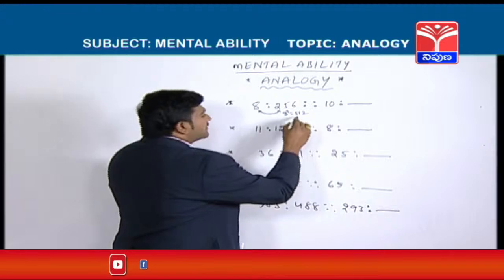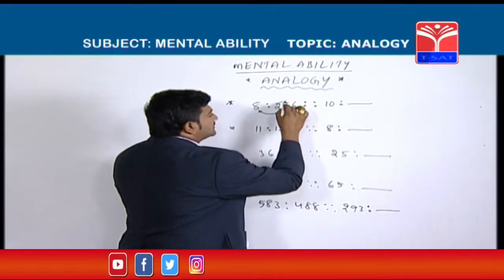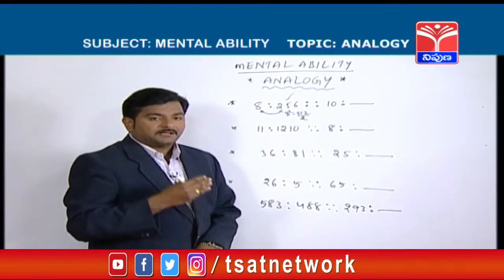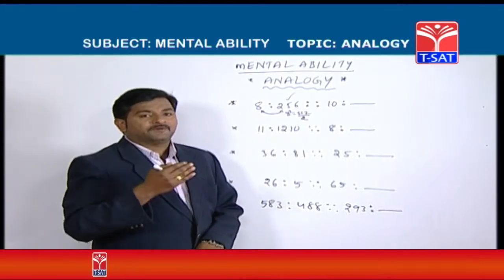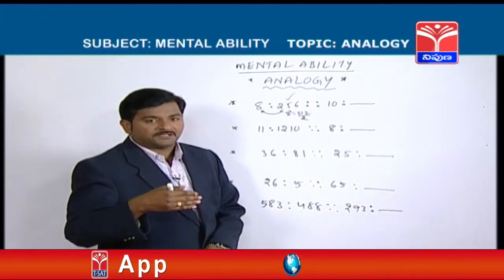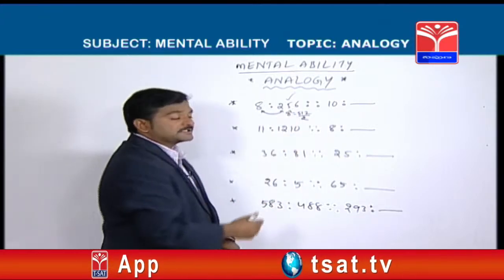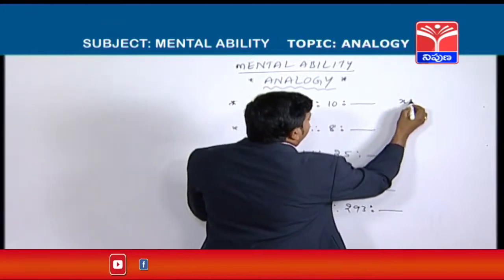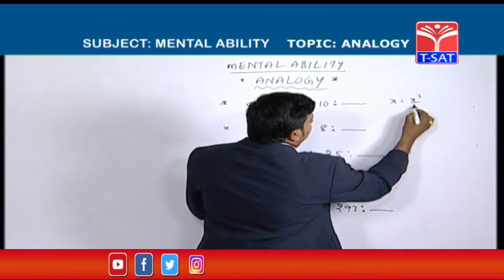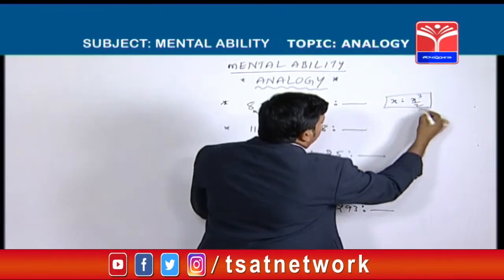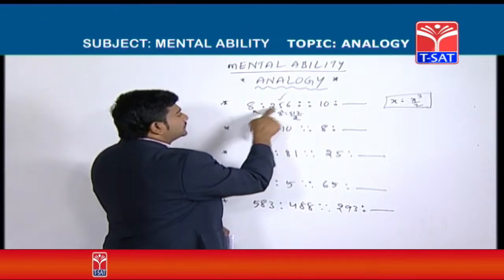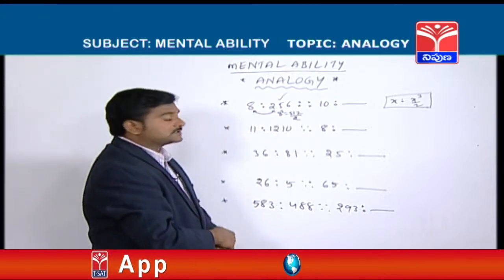So indirectly, half of 512 is 256. The concept involved is, in general, x is to x cube by 2. So 8 is to 8 cube by 2. That is the concept involved.